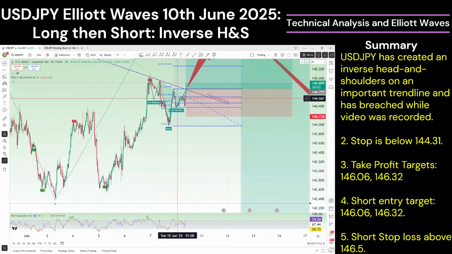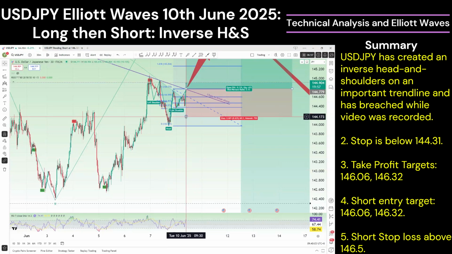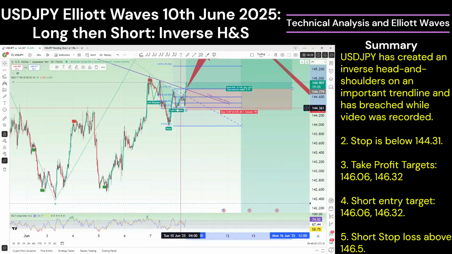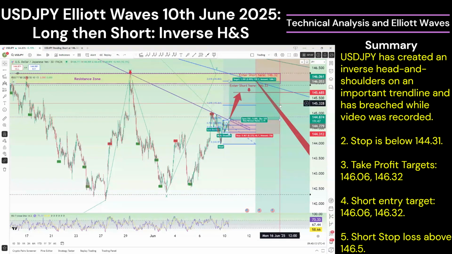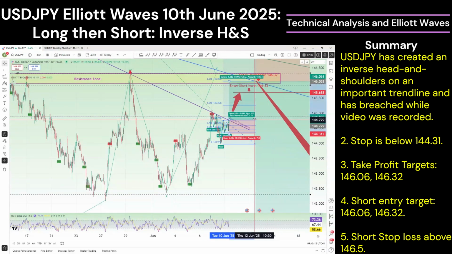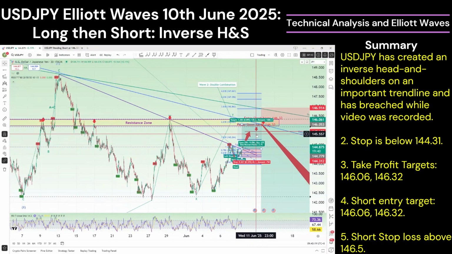If this is a wave two already, and we're going to a wave three, then you do not need to put it below this head. You can put it below this right shoulder. So this is a long and then short idea.